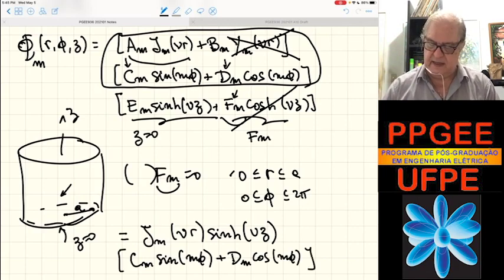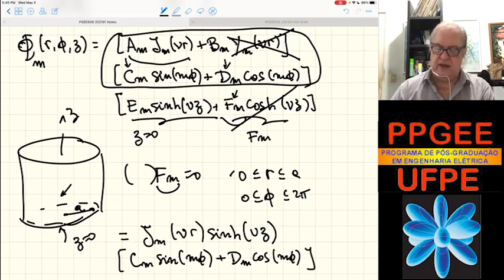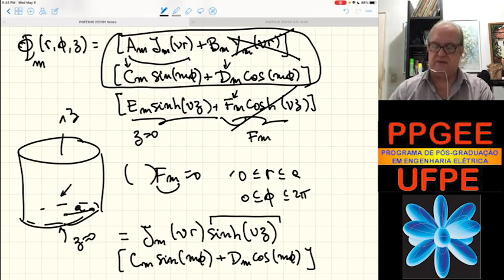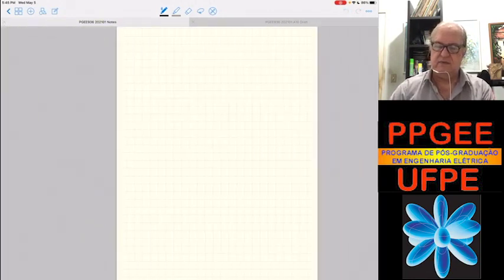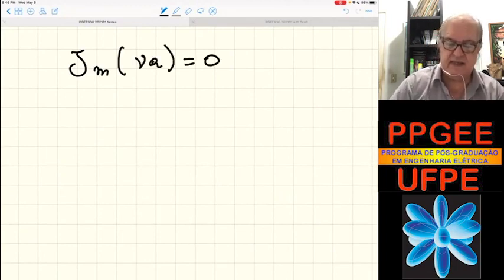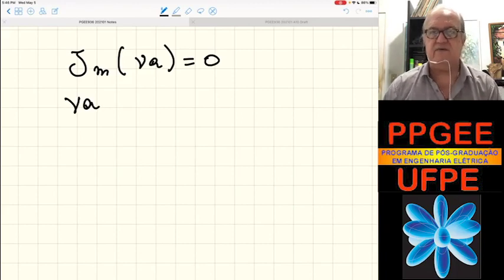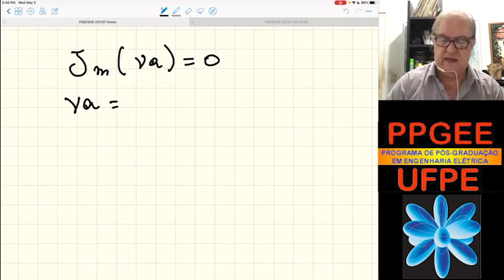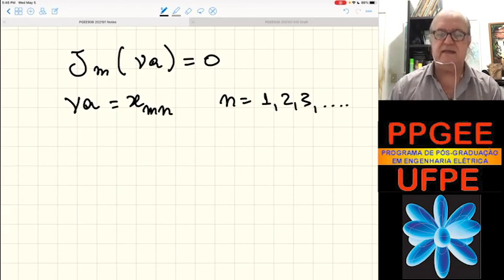Then we have to go to r equals a. At z equals L, this is going to be a constant value. But we have to go to r equals a, and we have to ensure that the function goes to 0. So Jm of nu a equals 0, which means nu a is a root of the Bessel function of order m. We're going to call it x_mn, and I'm going to label the roots, as we talked about before, starting at 1.